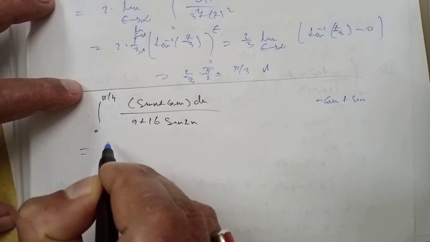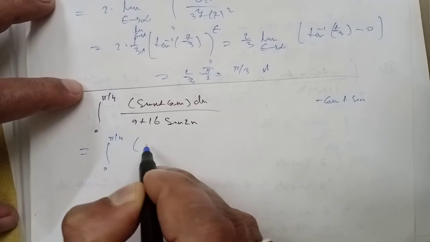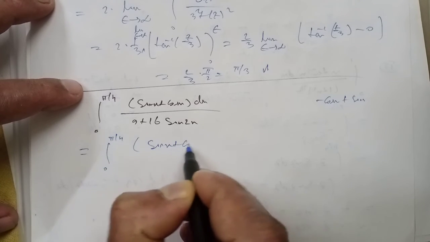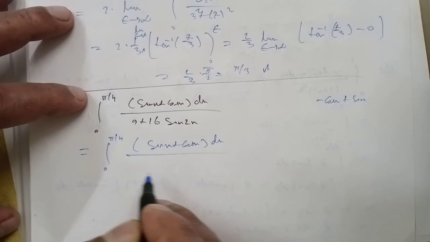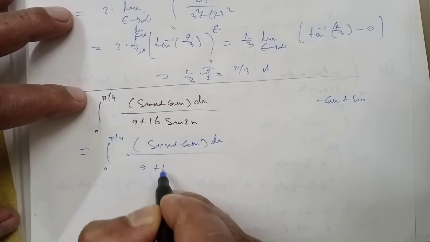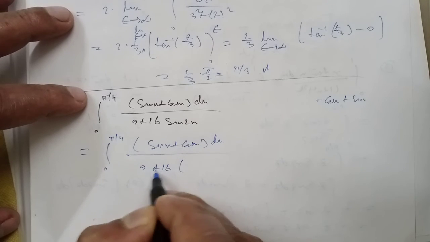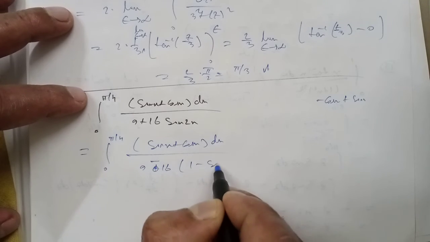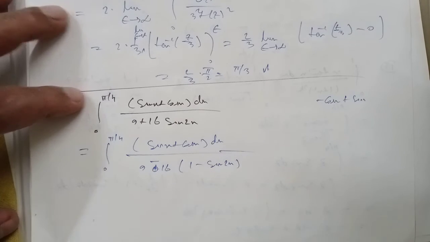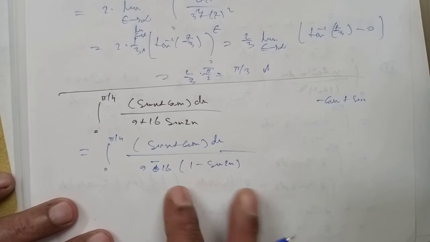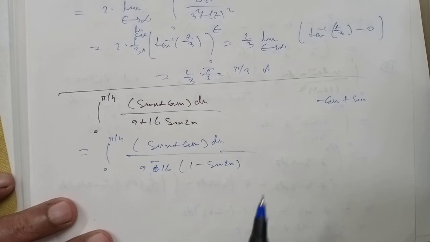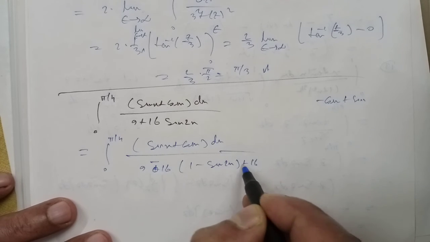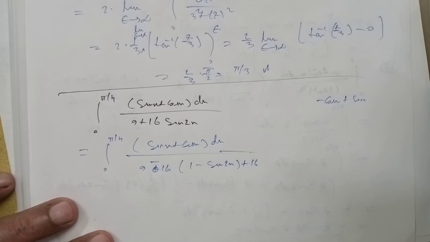Just follow me. 0 to pi by 4, this is sin x plus cos x dx, 9 plus 16 into minus 16 into 1 minus sin 2x. Look, minus 16 into minus sin 2x is plus 16 sin 2x, but minus 16 is extra, so to adjust it we have to add one more plus 16.